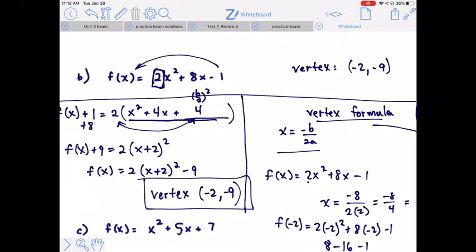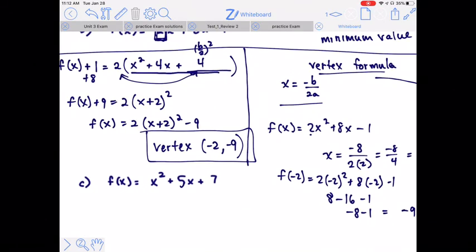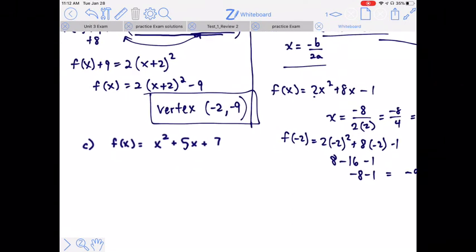And I'm going to call this a minimum value, because if we were to graph this parabola, this value of +2 causes the parabola to face upward, making the vertex at the bottom of the parabola. It's a minimum value.